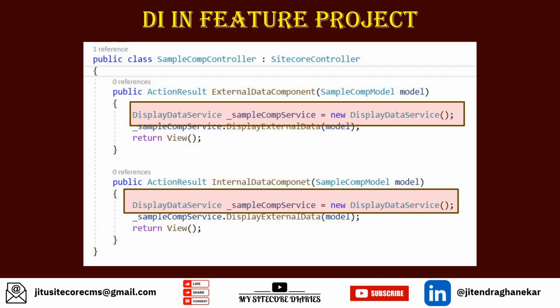So this is how you will do it without DI, where you create the concrete class object of your service. This is not the best practice, so we have to replace it with DI. We will see in the next slide how we can replace this code with the DI code.